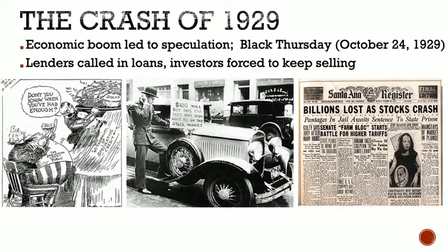And so on October 24th, 1929, Black Thursday, lenders begin to call in loans. And investors are forced to keep selling. So people begin to lose money and the stock market crashes, because as lenders call in loans, if people don't have the money to pay, or if the banks don't have money that people want to withdraw because people aren't paying their loans, then people begin to lose faith in the system.